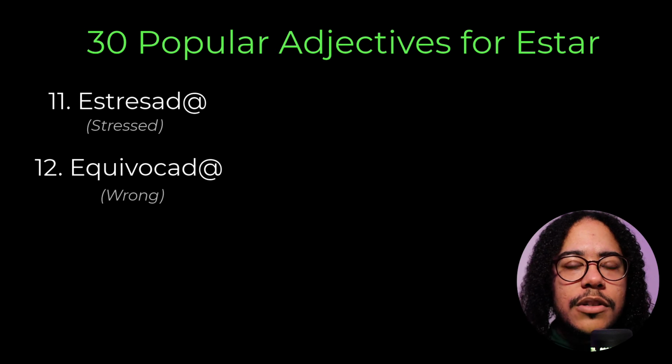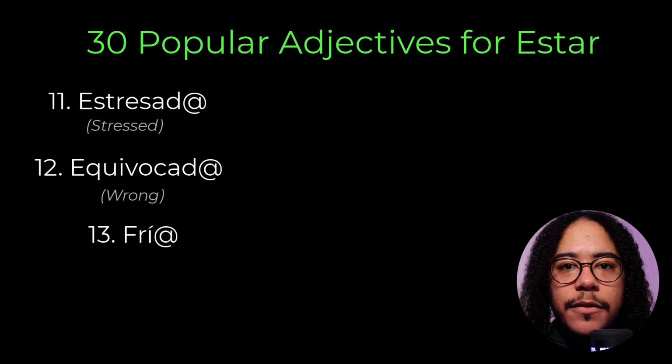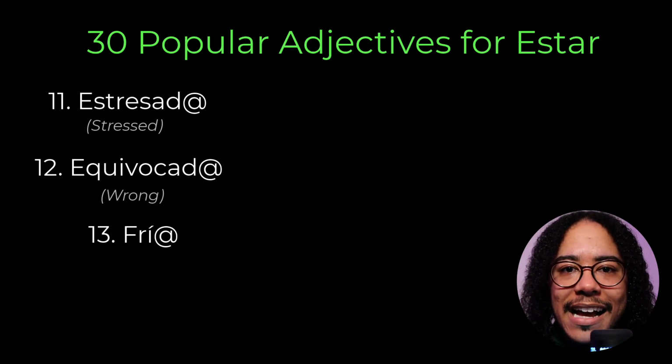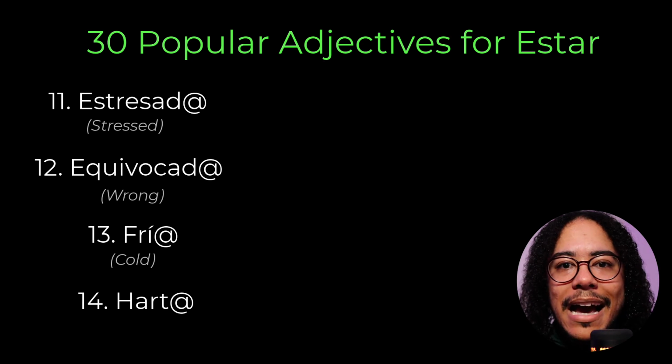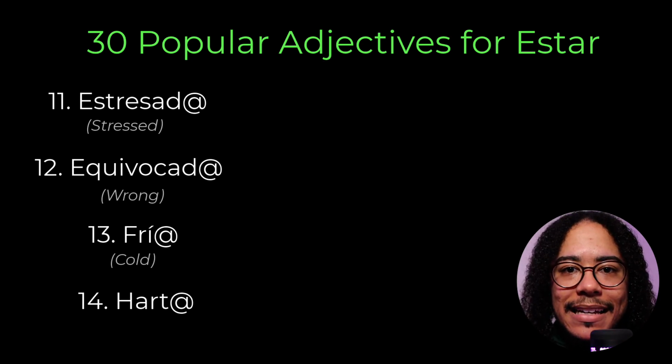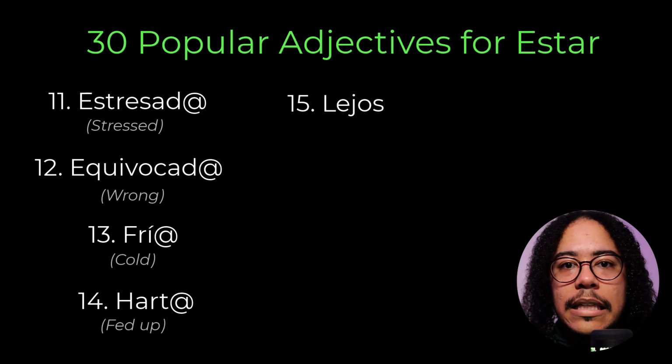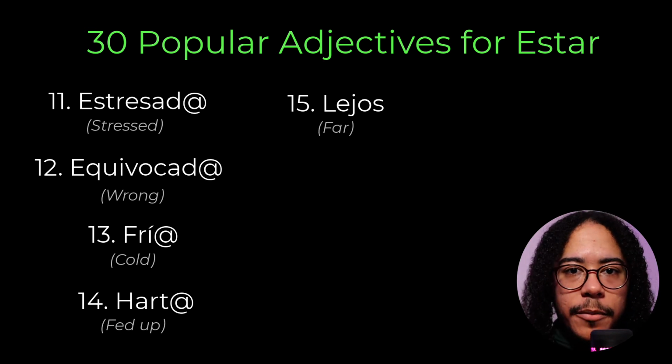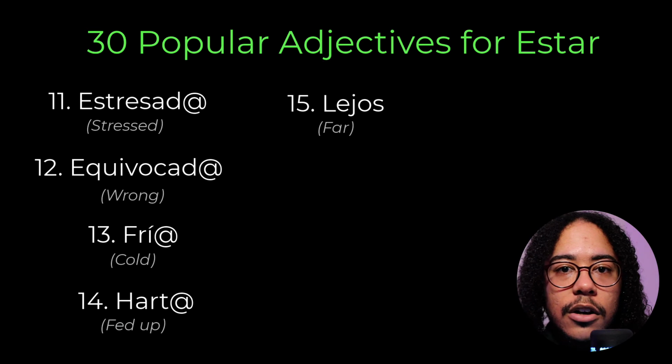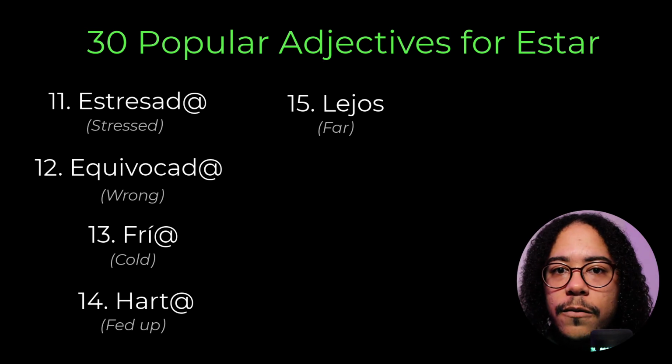So with this one, if you use it in a sentence and you said, estás equivocado, that means you're wrong. Frío or fría, cold. Harto or harta, fed up. Lejos, far. So again, this one doesn't change. Whether the noun is singular or plural, masculine or feminine, it's always going to be lejos.